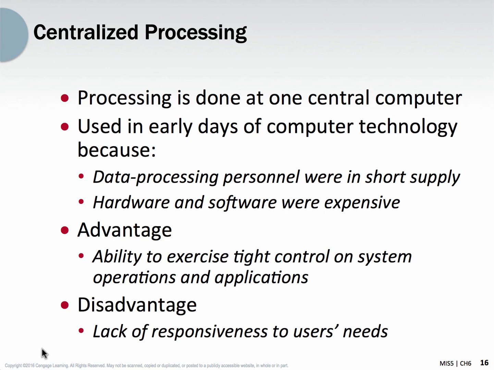So one computer is running this network that we're using. This is what we used in the early days because we didn't have a whole lot of people who knew what was going on, and we didn't have a whole lot of hardware that we could afford. So, the beauty of this, with a centralized system, is we have very tight controls. One of the issues, though, is that it is slow.